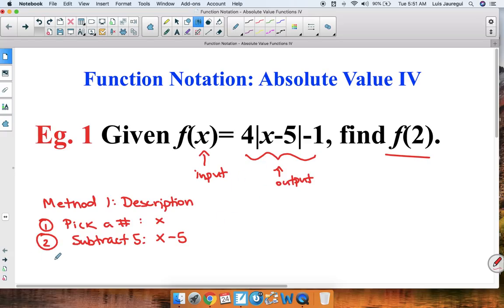The next thing we're going to do is to take the absolute value of that. So take absolute value. And by doing so, we get the absolute value of x minus 5. Now notice that the next thing you're doing is to multiply that by 4.